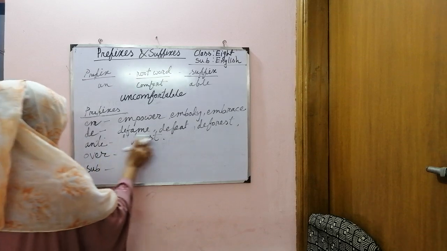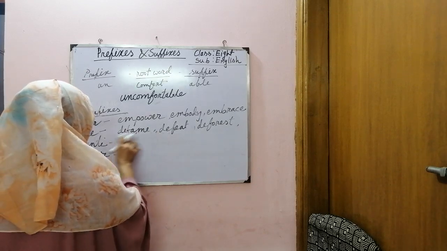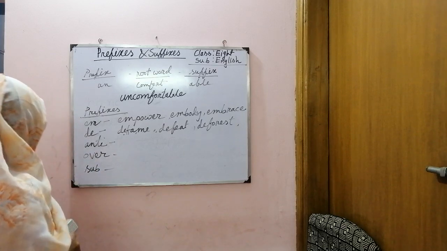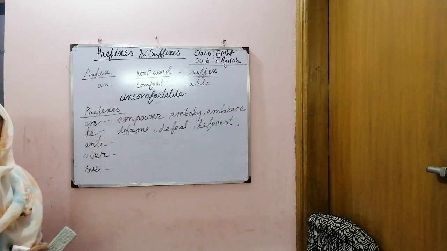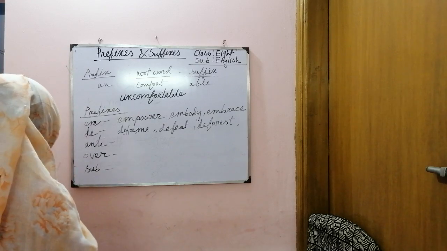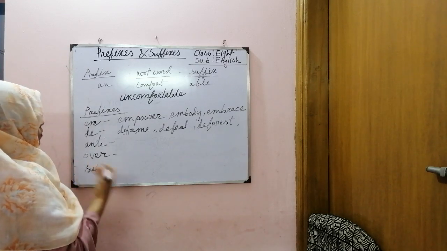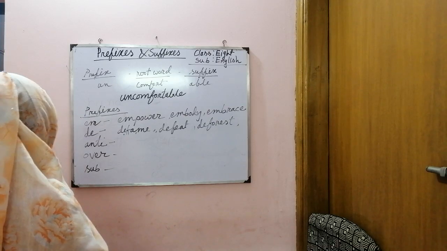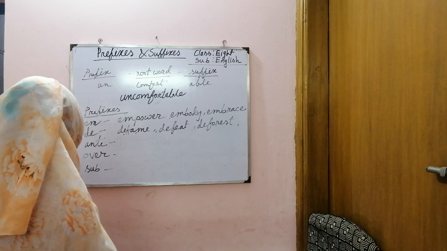Now I'm going to write words with the help of anti. Anti means opposite. It gives an opposite meaning when it sits before a root word.